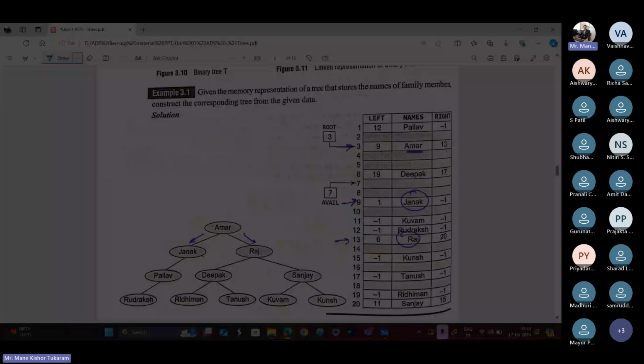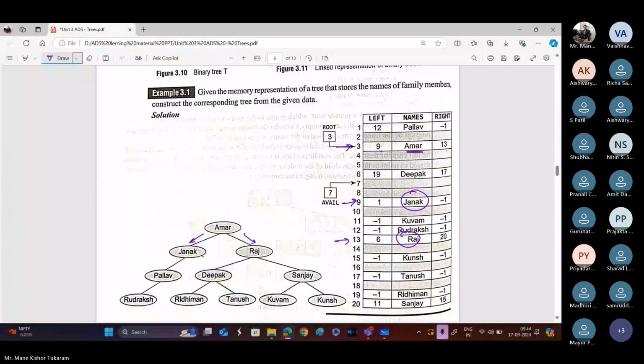And these are the empty nodes, empty locations available.